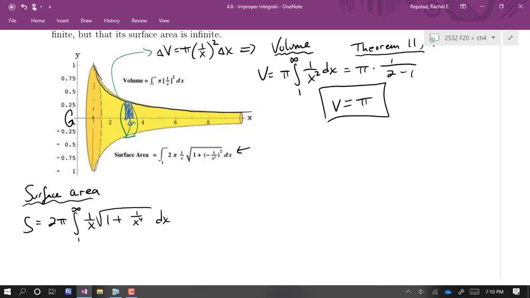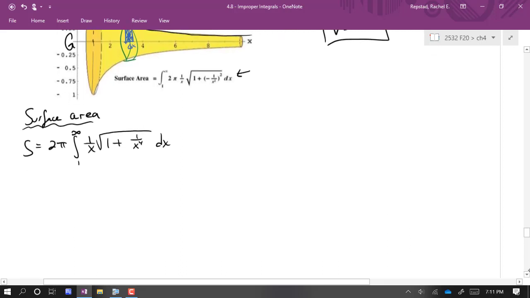We're going to use some algebra to rewrite it, and once I'm able to rewrite it a bit, I'm actually going to end up referring to one of the formulas in the tables. Alright, so the first bit, I'm going to rewrite this, of course, as a limit of the definite integral from 1 to b. And while I'm at it, I'm going to rewrite the stuff in the fraction, in the root, as a single fraction. Once you get a common denominator, which is x to the 4th, up top we have x to the 4th plus 1.